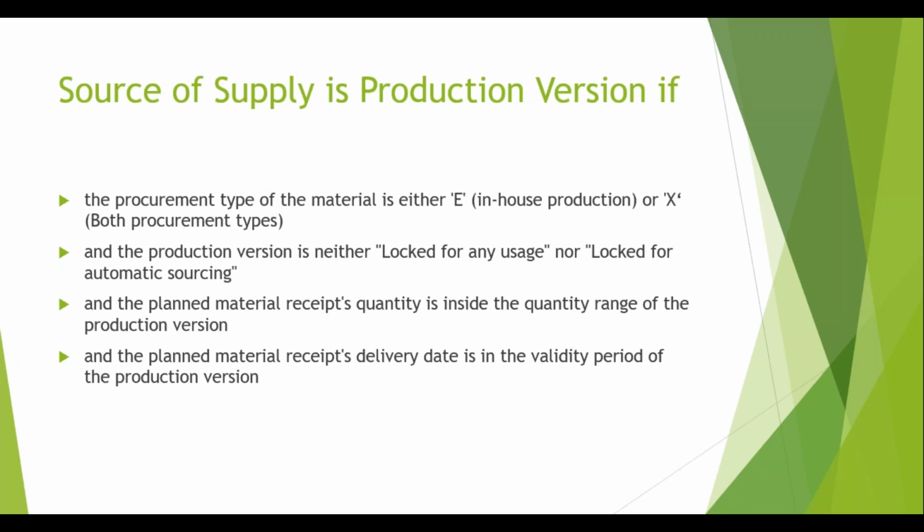This will make more sense when we run the MRP, and I'll tell you what exactly is happening in the system. But as of now, just remember this: production version is one of the valid sources of supply in terms of BOM and routing, and this is the only source of supply for BOM and routing in SAP S4.